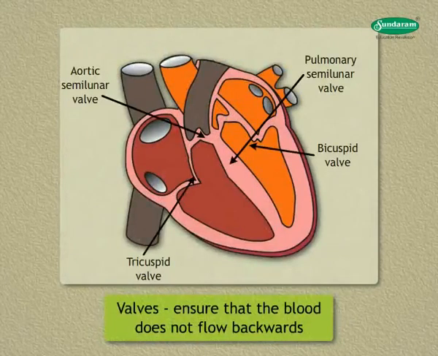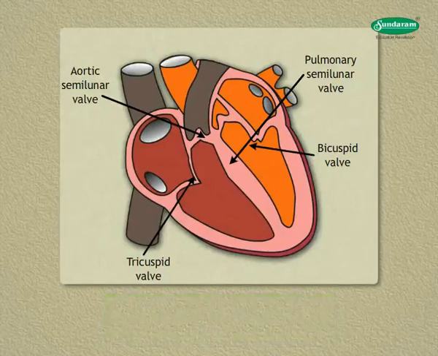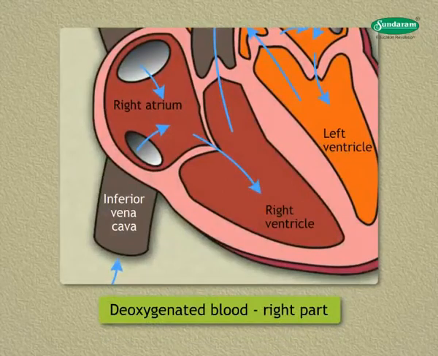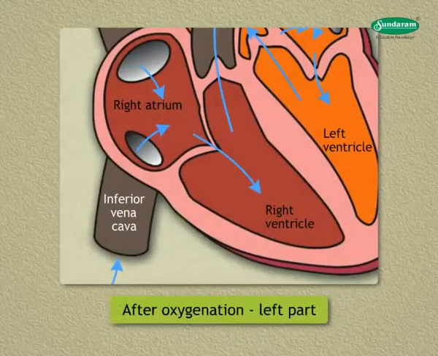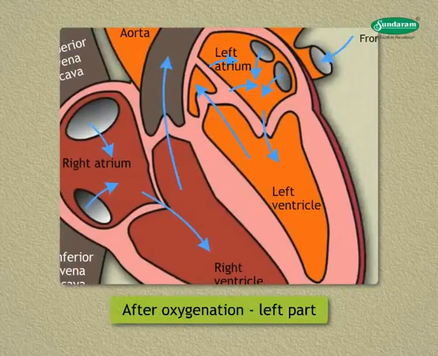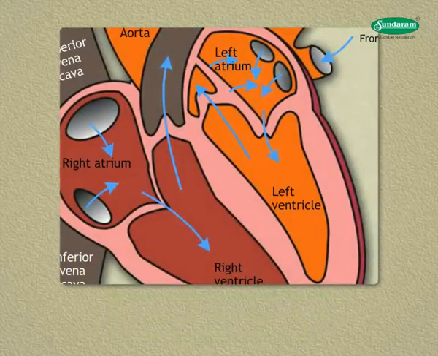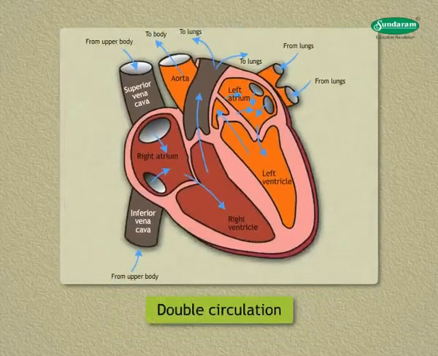The valves between atrium and ventricles ensure that the blood does not flow backwards. Thus, the deoxygenated blood enters the right part of the heart, and again after oxygenation, it enters the left part of the heart, so the blood goes through the heart twice during each cycle. This is known as double circulation.